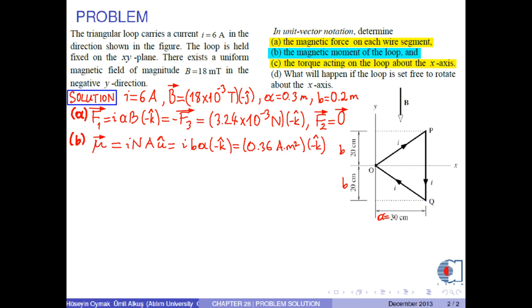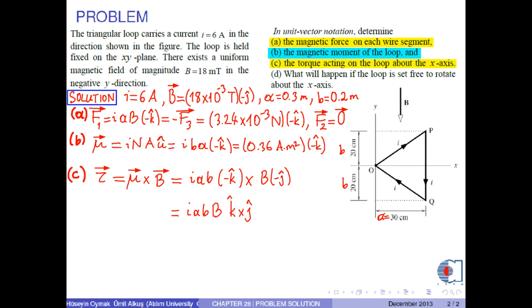C. Determine the torque acting on the loop about the x-axis. The torque, denoted by tau, has the formula mu cross B. Mu is I times A times B negative k hat, and magnetic field vector is B times negative j hat, which gives I times A times B times capital B k hat cross j hat. k hat cross j hat is negative i hat.